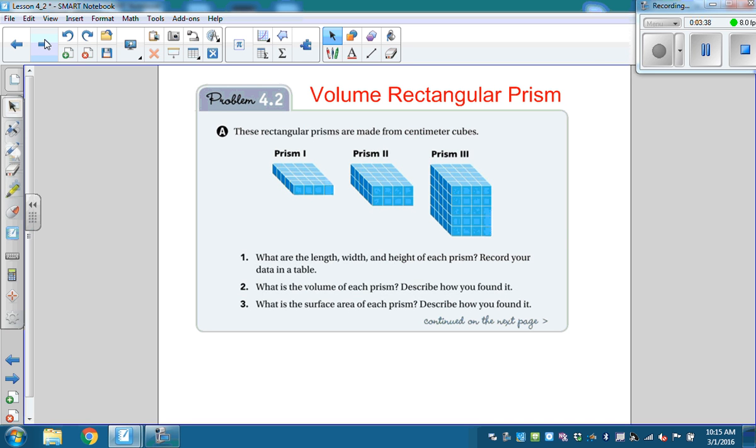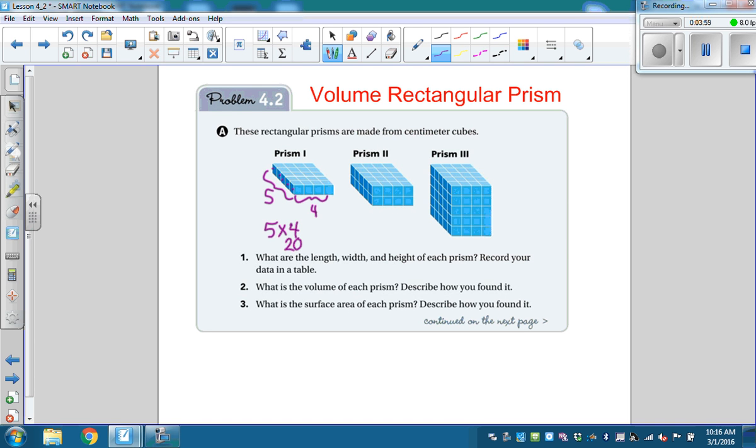Your book has a nice illustration of 3 prisms. This prism has 4 cubes along this edge, and 1, 2, 3, 4, 5 cubes along this edge. So it's easy for you to see that there are 20 cubes altogether.